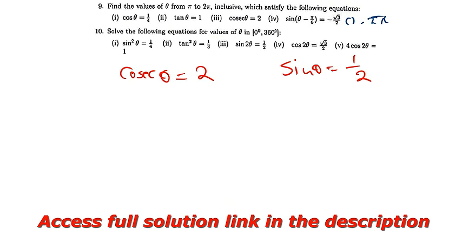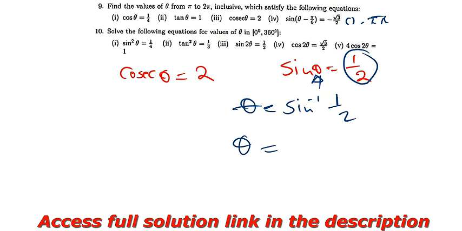So therefore, we are interested in finding the angle theta. Theta is going to be the sine inverse of half. Now what angle of theta can give us half? It's 30 in degrees. Now we know what is pi over 6, in radians.